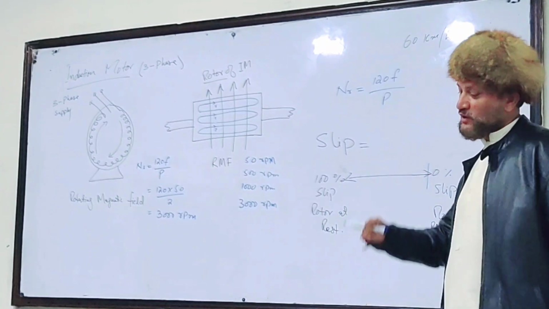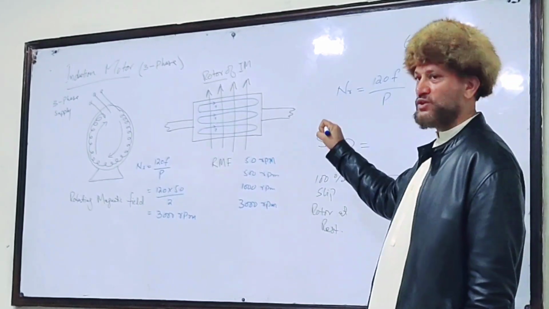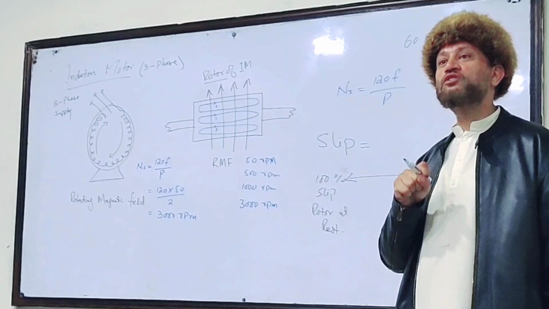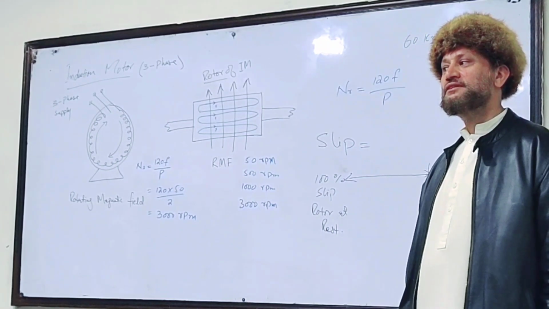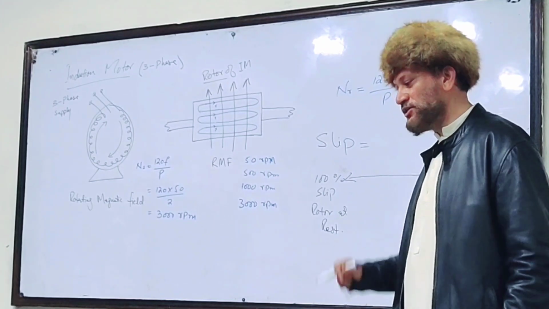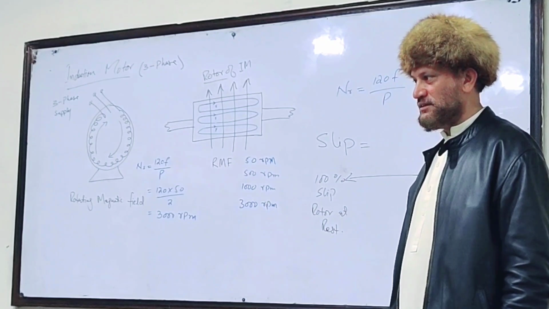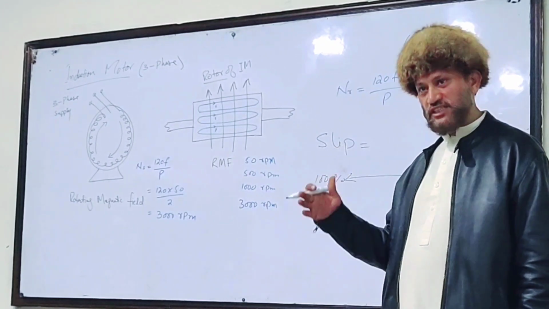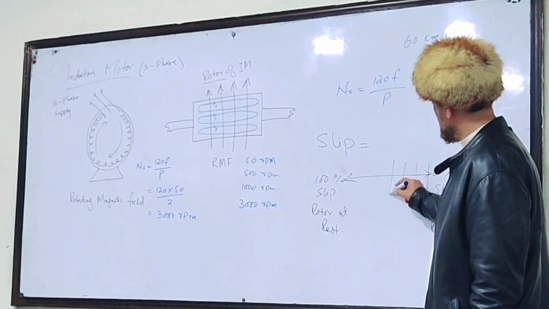And when you put a load on the shaft of this rotor, the speed of the rotor will decrease with the load. When the speed of the rotor decreases, slip increases, somehow like this.